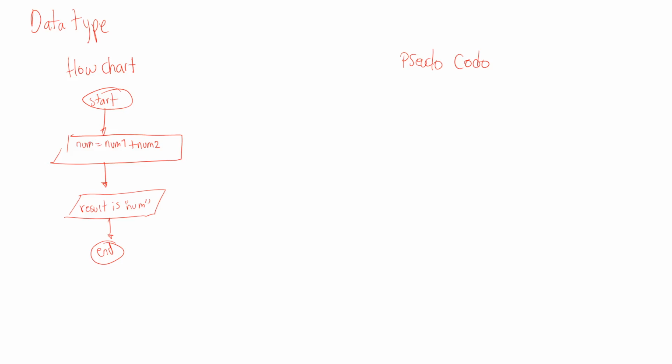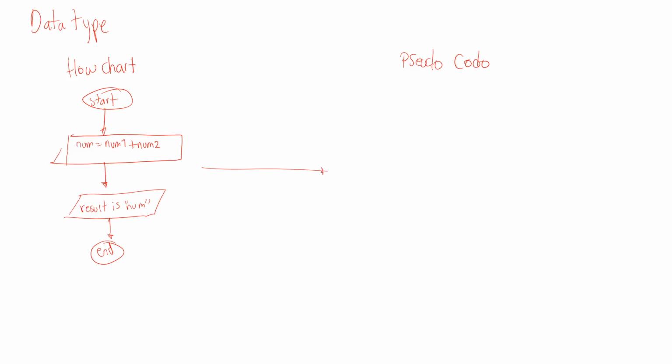So here, when I show you this type of flowchart, I'm not going to specify what the type of variable is, because the idea of this is to make it simple.